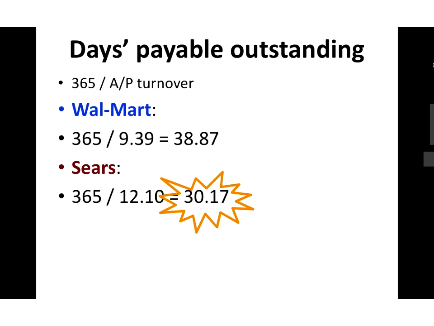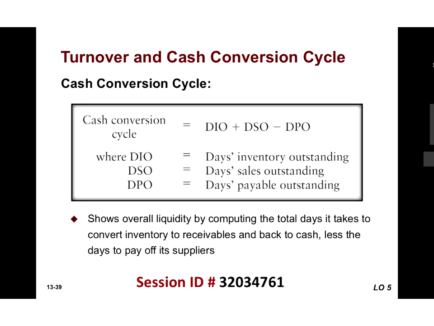Okay, so what we've done is we've just calculated how many days on average it takes for both these companies to sell inventory. You can add then how many days on average to collect accounts receivable, and then subtract paying the suppliers, and we could get their cash conversion cycle.